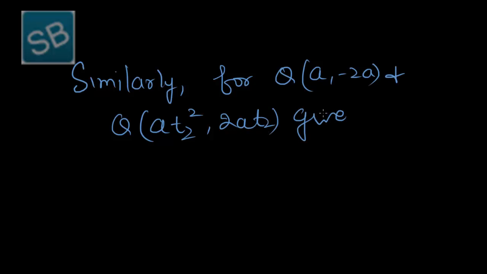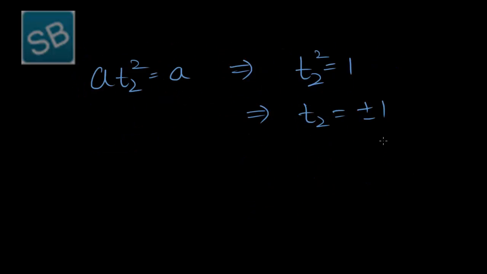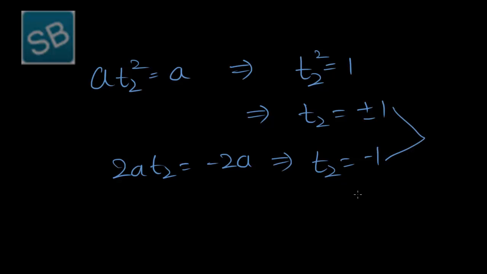So a t2 square is equal to a, that implies t2 square is equal to 1, that implies t2 is equal to plus minus 1 and 2a t2 is equal to minus 2a, that implies t2 is equal to minus 1. So from both these two concepts we get t2 is equal to minus 1.